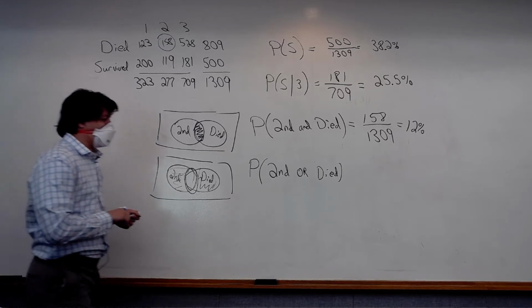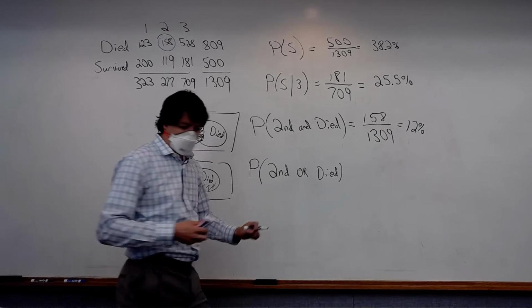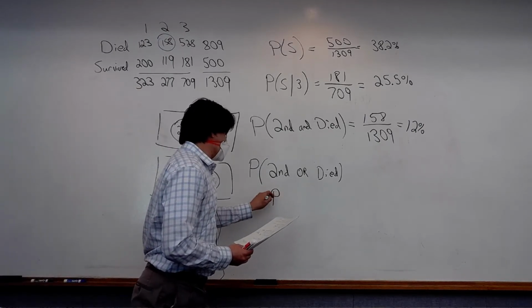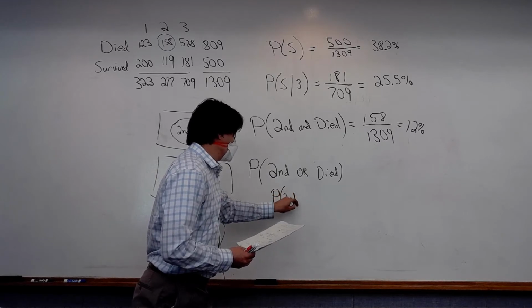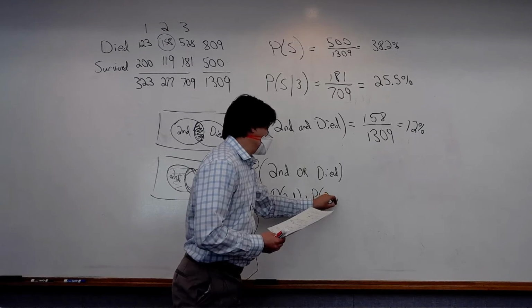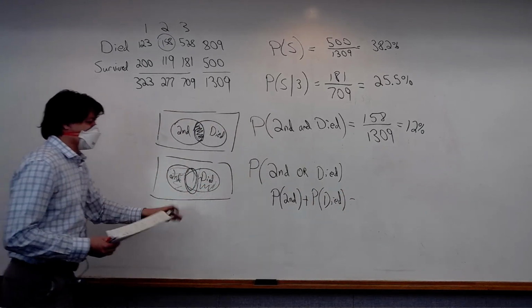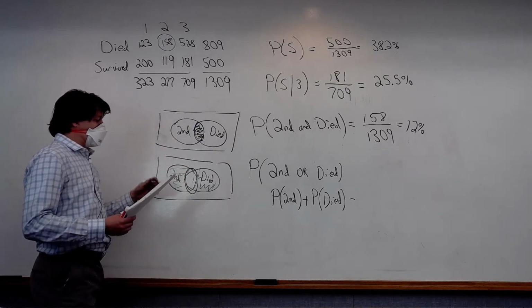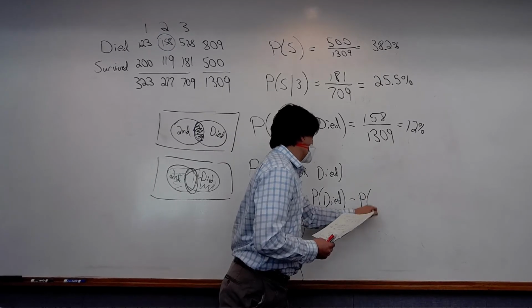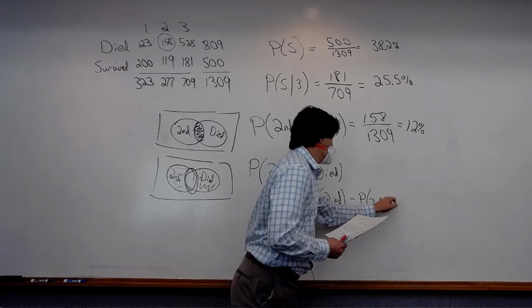So if you recall, the probability becomes: we want to add up the probability of second plus the probability died. But we do have to remember to subtract off the and. If we don't, those people are going to get counted twice. So we subtract off the probability of second and died.